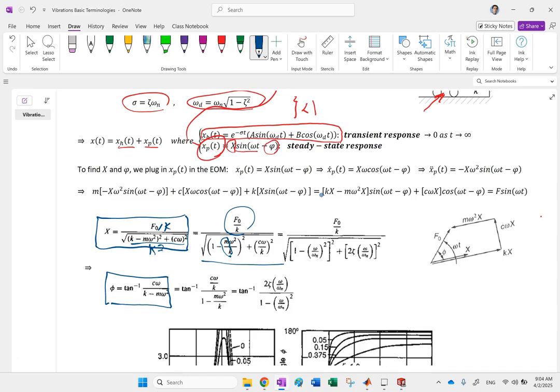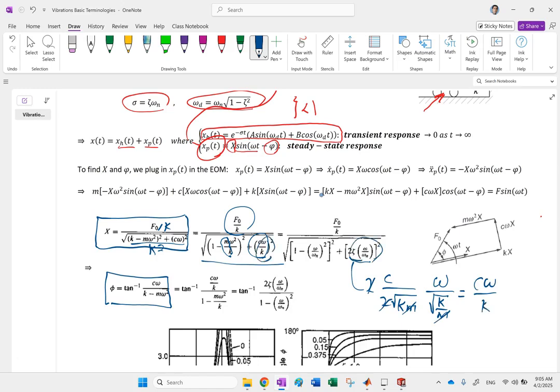And here also, this part, you can write it as 2 zeta omega over omega n, because if you simplify that, that is 2 times c, and this is 2 square root km, and this is omega, and then you have omega n, which is square root of k over m, right? You see the m's would cancel, and the 2's would cancel, and you get c omega over k, which is exactly this one.